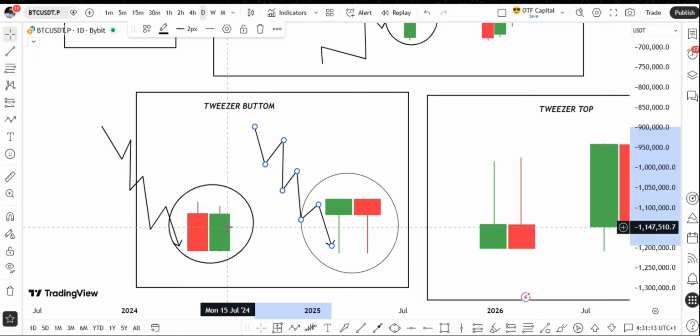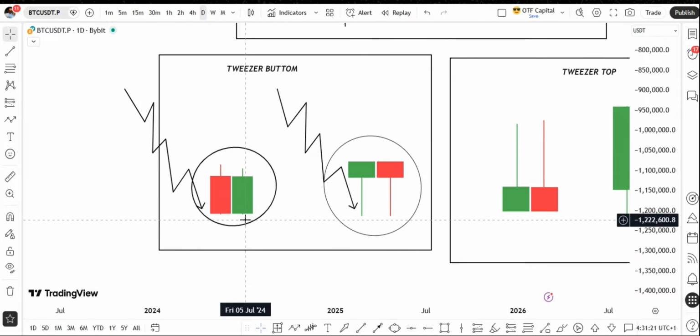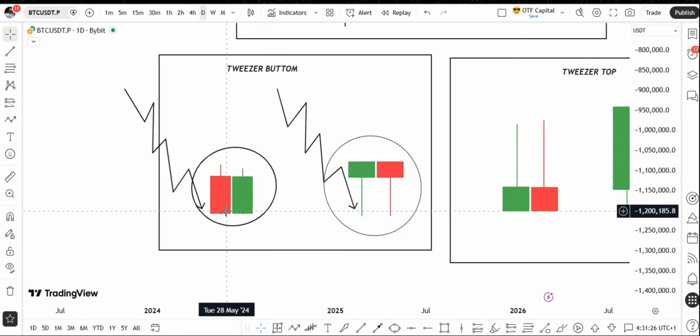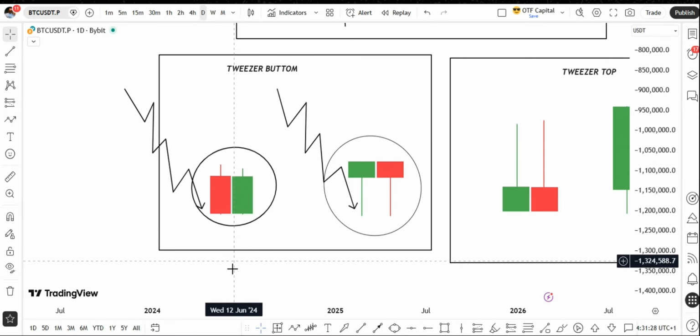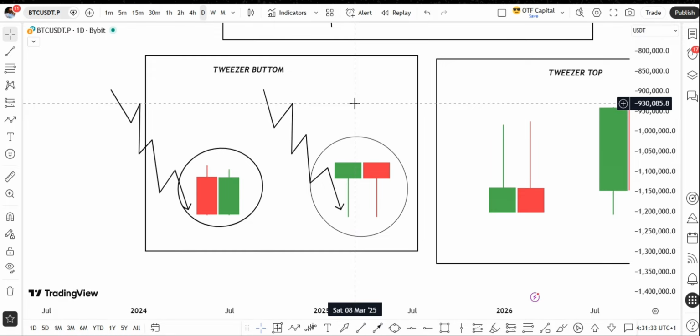The bullish tweezer bottom will always be seen at the support level. Always look out for it at the support level, or add other confluences like the order block or the fair value gap. That's where you can always trade it, and it will have significance to your price action.